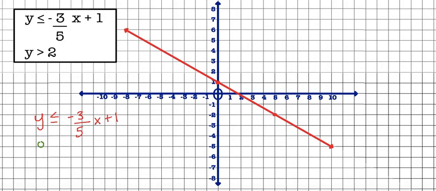So 0 is less than or equal to negative 3 over 5 times 0, plus 1. So 0 is less than or equal to negative 3 over 5 times 0 is 0, plus 1 is just 1. So here we have 0 is less than or equal to 1, which is true. So we're going to shade the side with 0, 0.